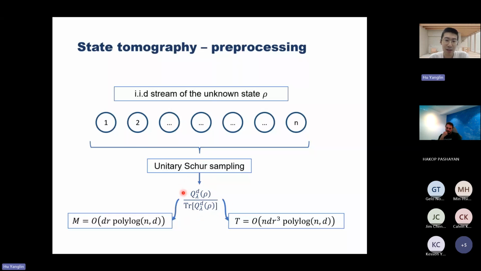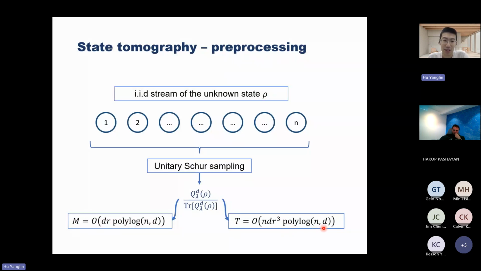And by using the streaming unitary Schur sampling, the quantum register we have to keep is only dr times a polylog factor of n and d, and the time complexity is only n dr cubed times a polylog factor of n and d.